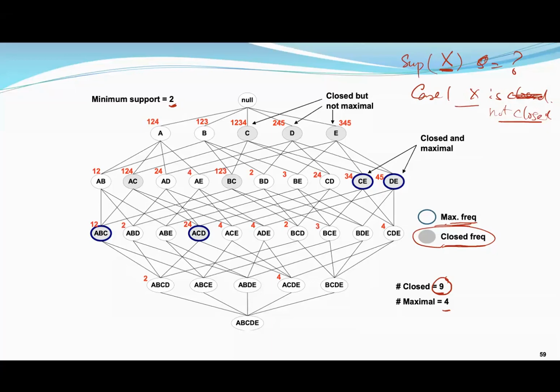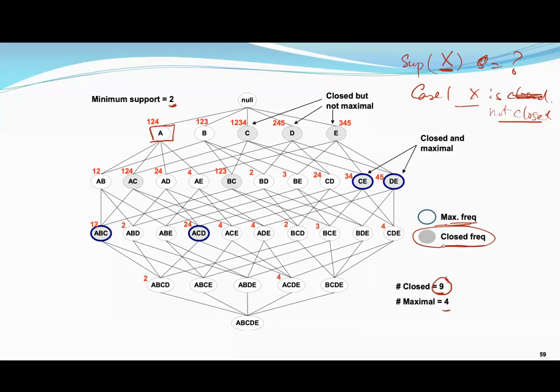Now, let's take a look at the item set A. Suppose I want to know if A is frequent or not. That's easy. We check whether A is a subset of any of these maximal frequent item sets. It is, because A is a subset of ABC. So A must be frequent. Next, we want to know the support count of A. The support count of A is not recorded, so we do not know, but we can deduce it.